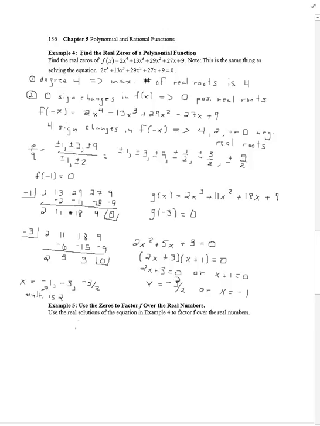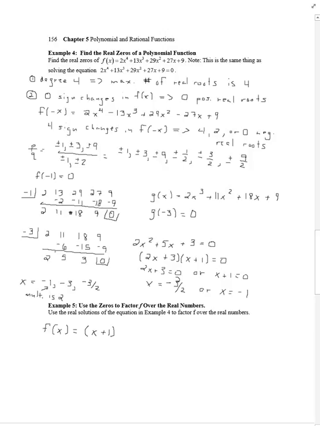Okay, now let's use the zeros we just got to factor f of x. So to factor this, we would have f of x equals, okay, remember, whatever the root is, we have to change the sign for when we make the factors, right? So the root of -1 gives us a factor of x plus 1.